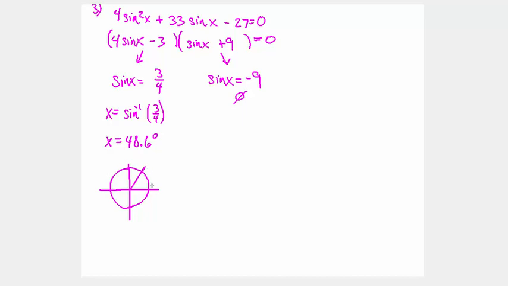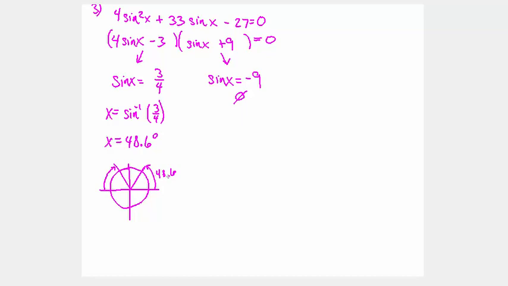So if this first solution is 48.6 degrees rotated from the x-axis counterclockwise, then there should be a symmetric solution in quadrant 2 that I could find if I rotate the same number of degrees from the x-axis in the opposite direction.